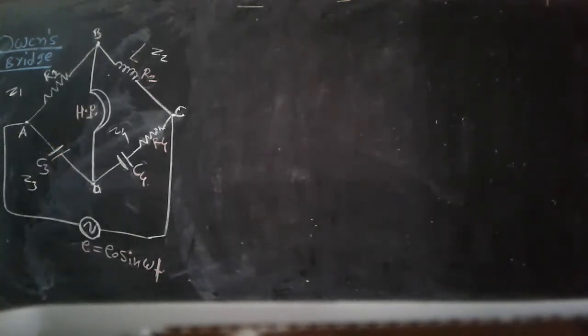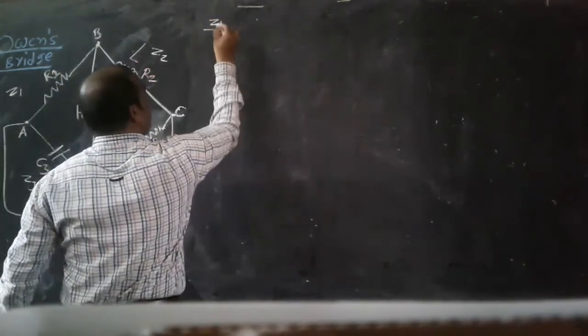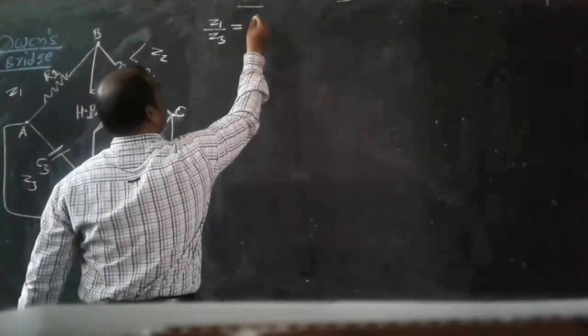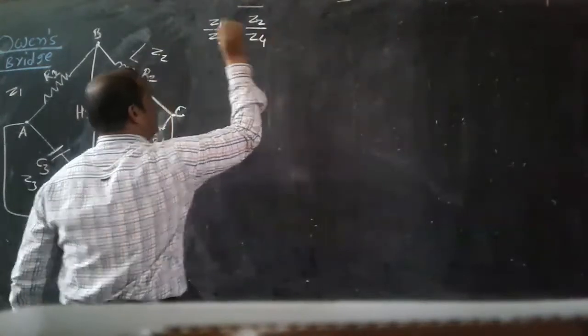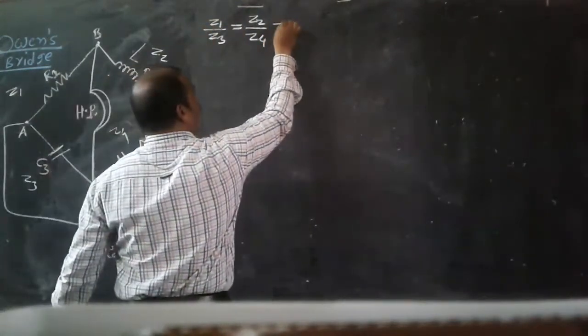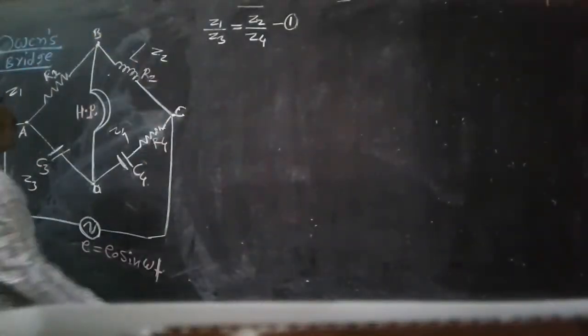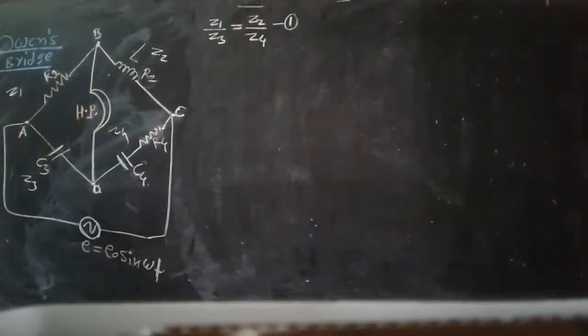So this is the balancing condition, and according to the balancing condition of Wheatstone's network, we can write impedance Z1 divided by Z3 is equal to impedance Z2 upon Z4. Say it is equation 1.